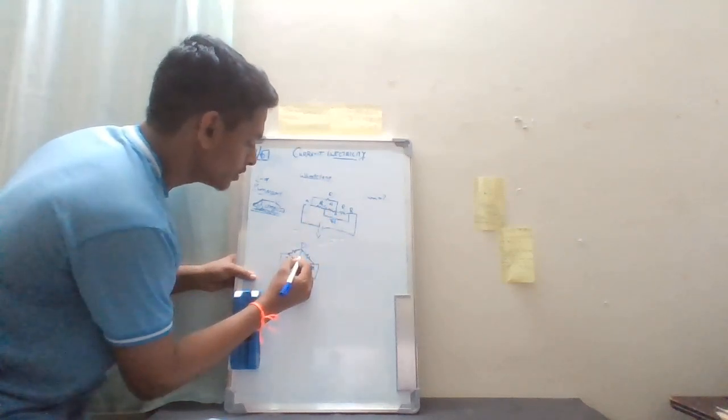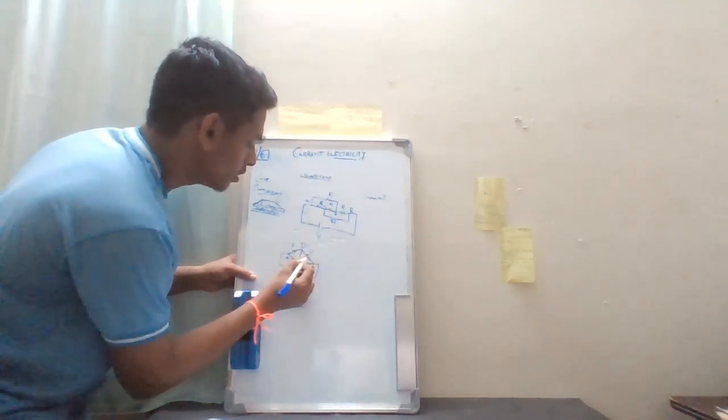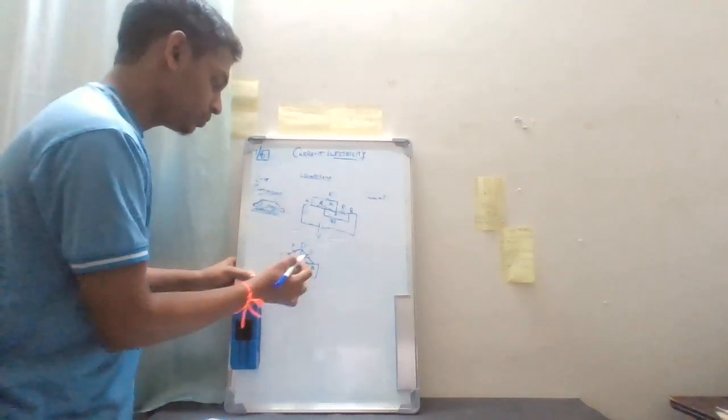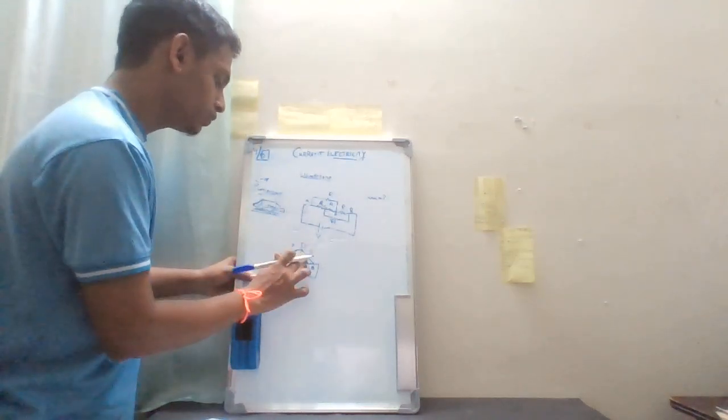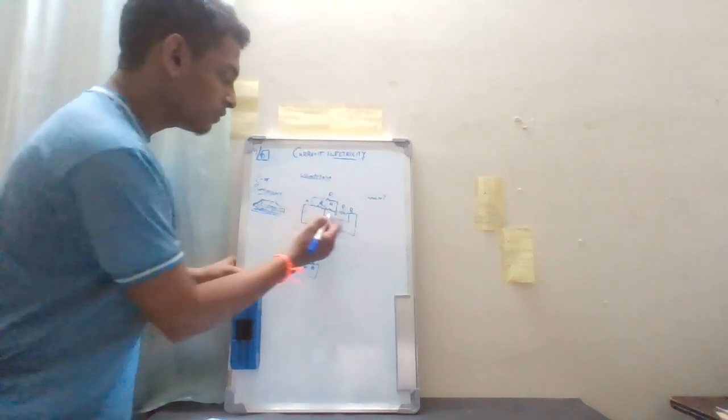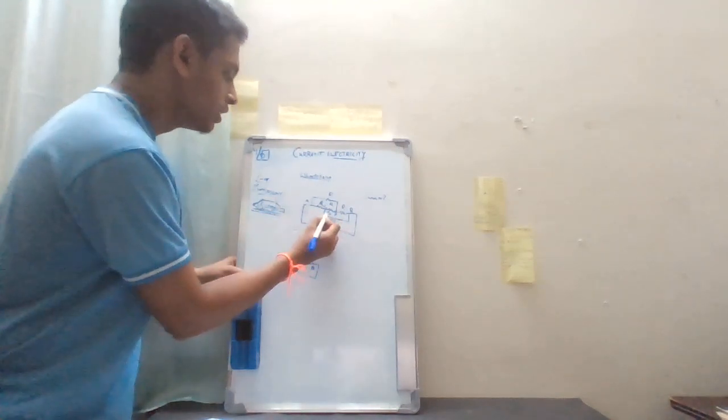Between C and D, there's another resistor, R, with R, R, and R. It creates a Wheatstone bridge, R squared equals R squared, so we can neglect this one, and the current through that wire is 0.